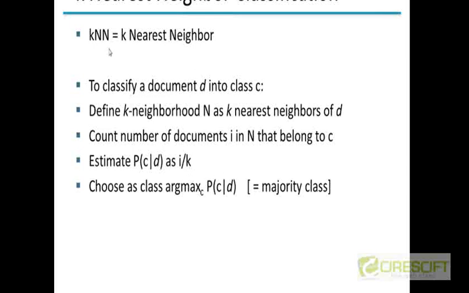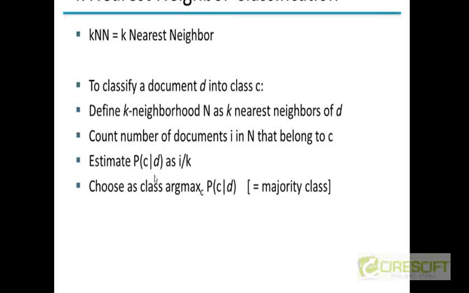So for example, let's say k is equal to 5. So we're looking at the 5 closest neighbors to the document D. Let's say 3 of the neighbors are colored red and 2 of them are colored green. Then red is the majority color, and so the document D will belong to the red class.